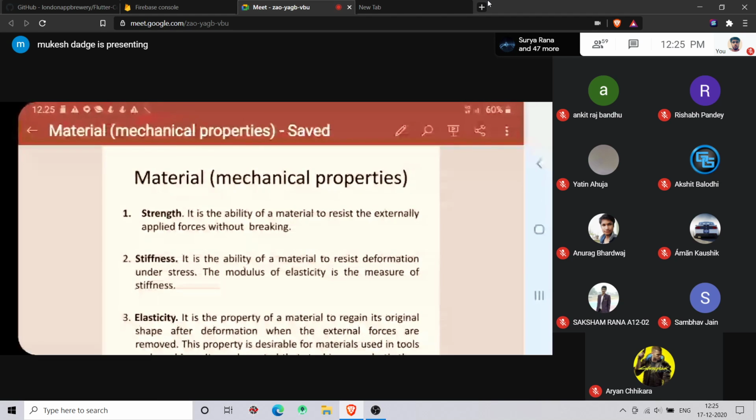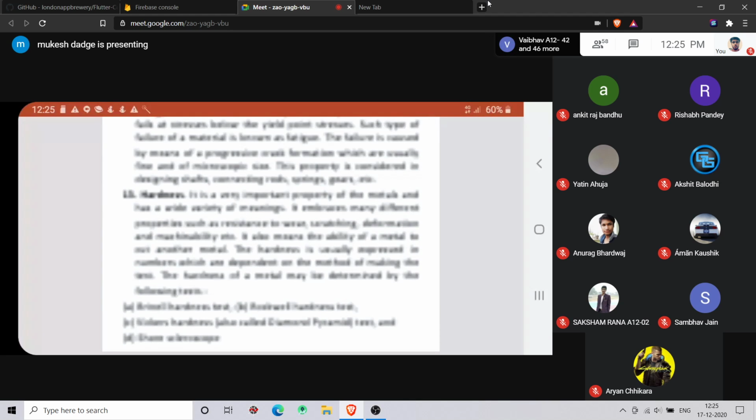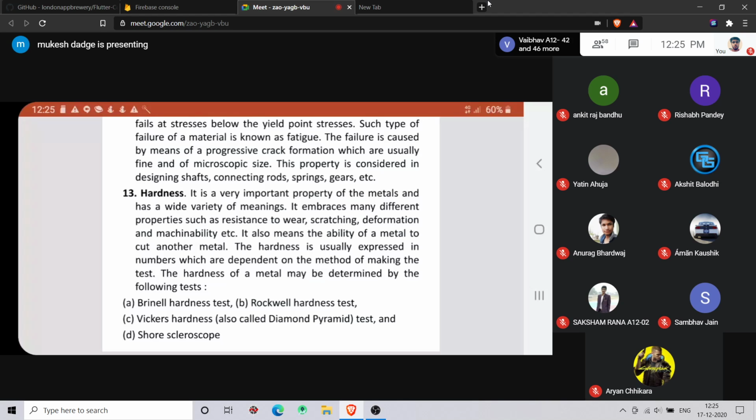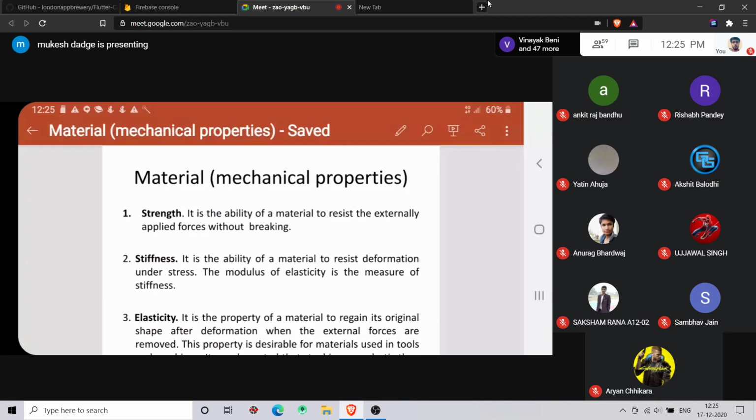As far as this subject is concerned, we are concerned with only mechanical properties. There are so many properties, I think near about 13 properties. You should know the definitions of these properties. So what is strength?